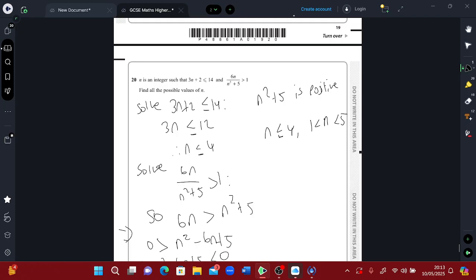So if n has to be above 1 and less than 5, but this also has to be less than or equal to 4, actually we can rewrite this as 1 less than n less than or equal to 4. Right? Because obviously if it's less than or equal to 4, then it's clearly going to be less than 5. So we need to tighten it, make it strict. So combine them together.